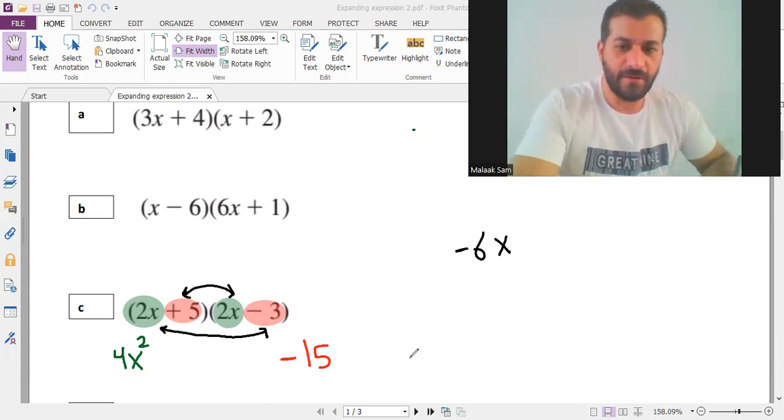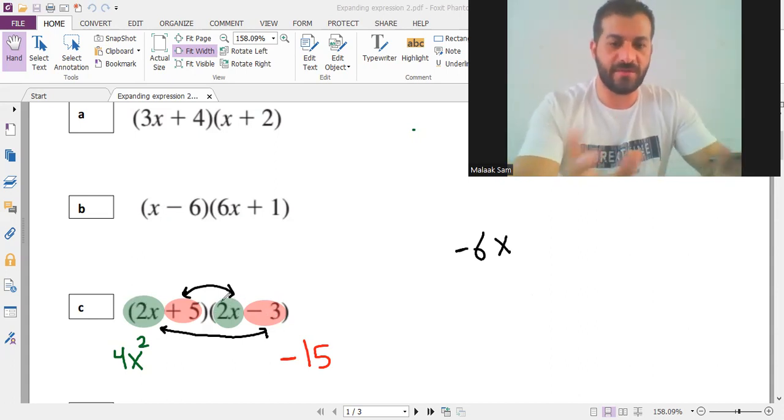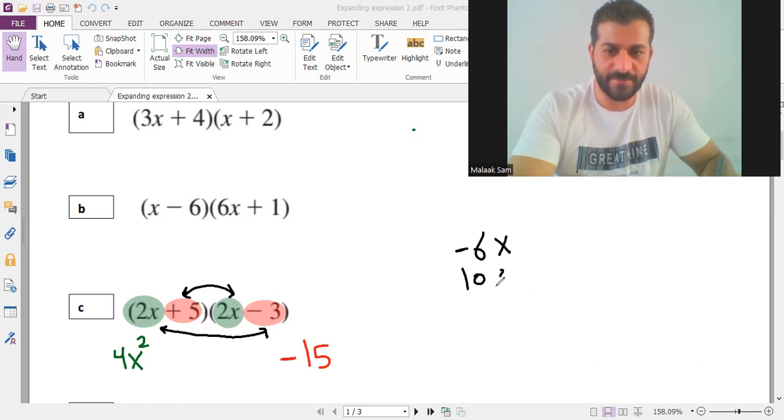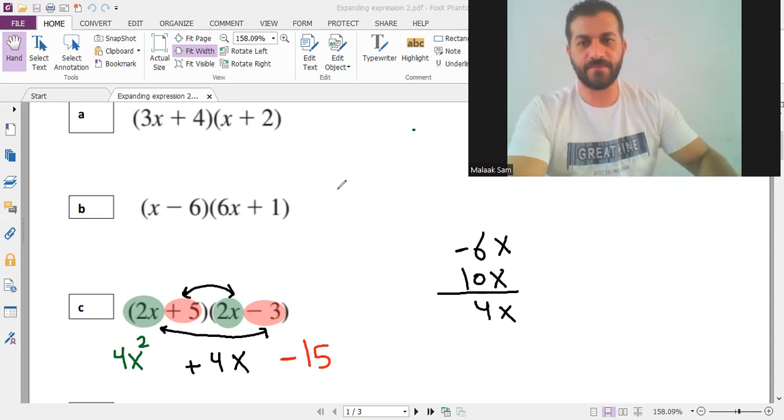They are negative 6x, the result from multiplying the extremes, 2x and the negative 3. And the means, 5 times 2x, they are called the means in the middle. So 5 times 2x, it will be 10x. And add them, the total of negative 6x and plus 10x, it will be 4x. So we're going to write in the middle plus 4x.